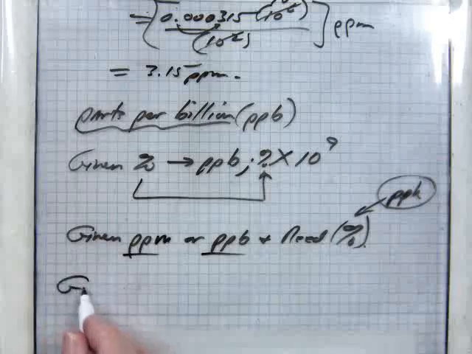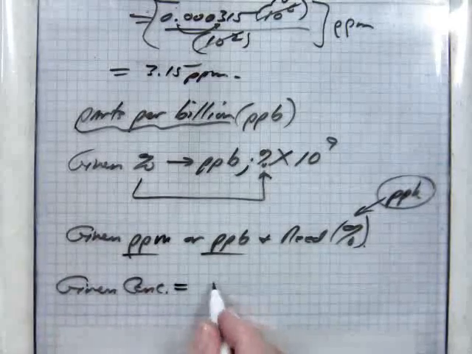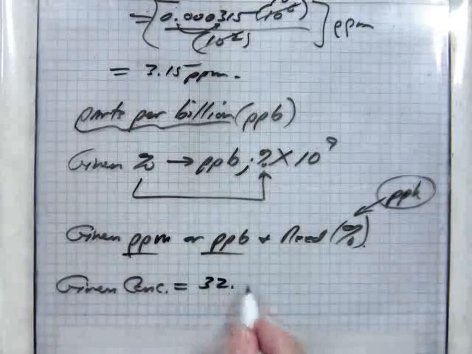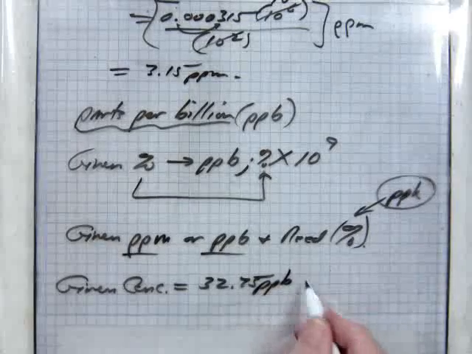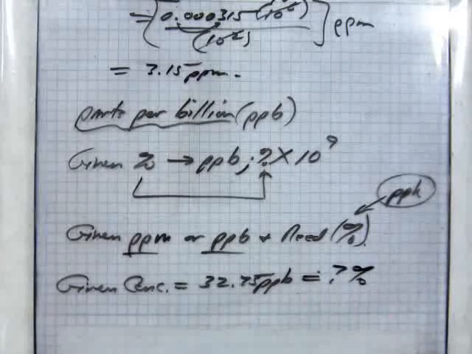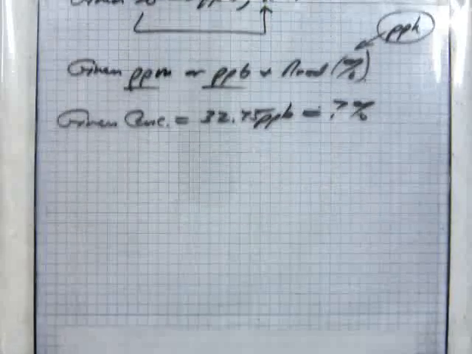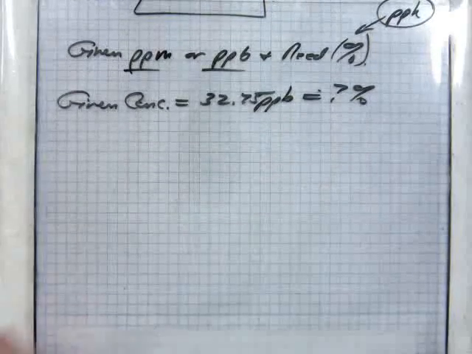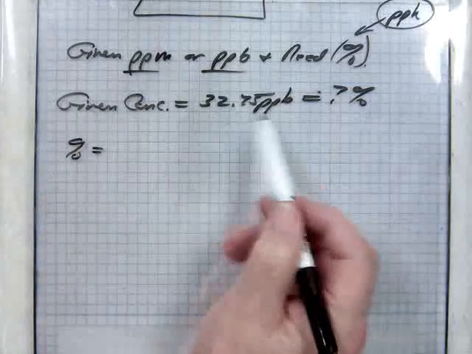Say you're given a concentration to equal 32.75 parts per billion equals how much in a percentage? You're going to convert that parts per billion into a percentage. How would you go about doing it? Well, it's pretty straightforward. Percent, well, first you have to interpret what parts per billion is.